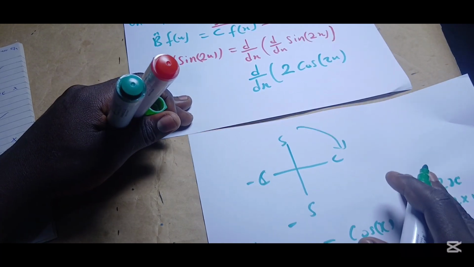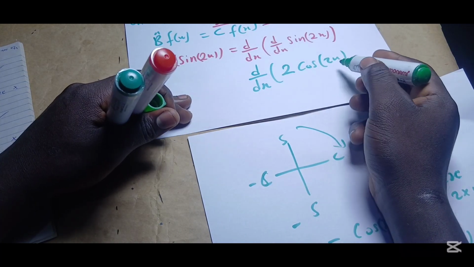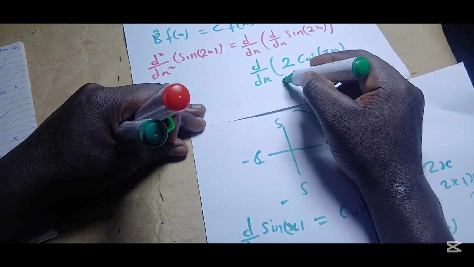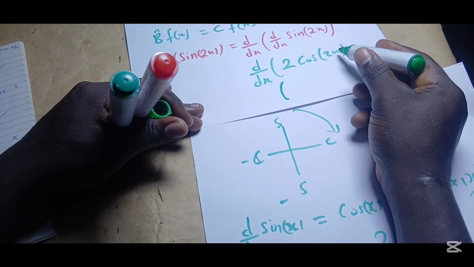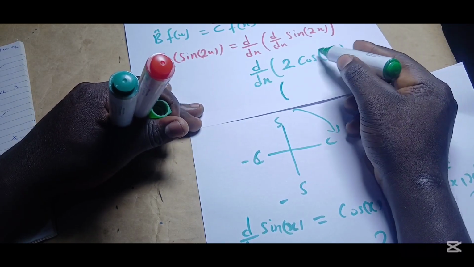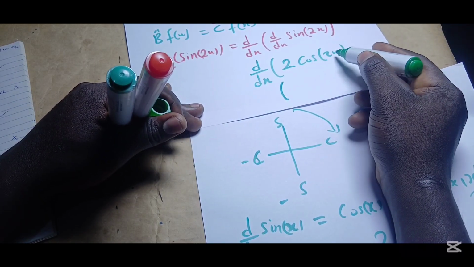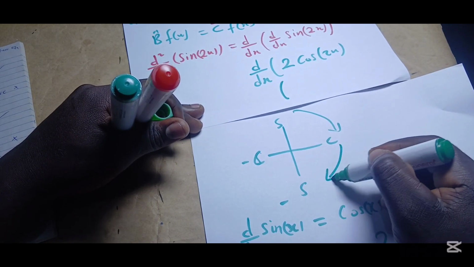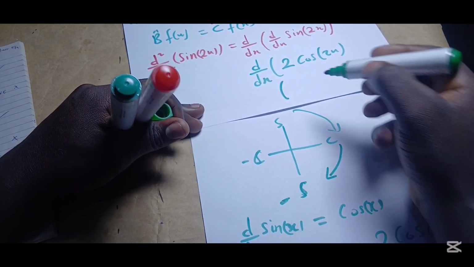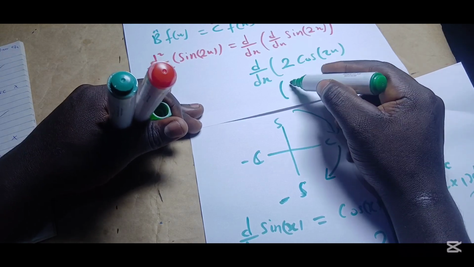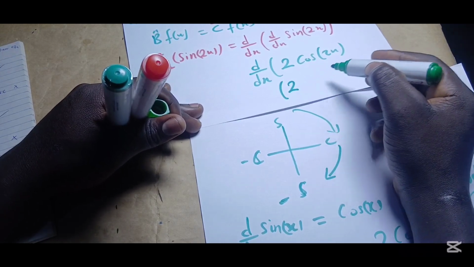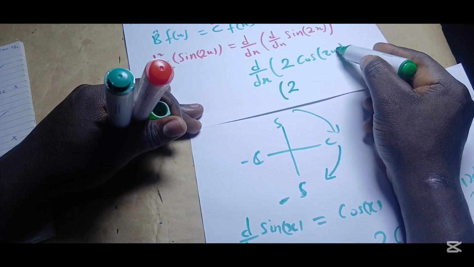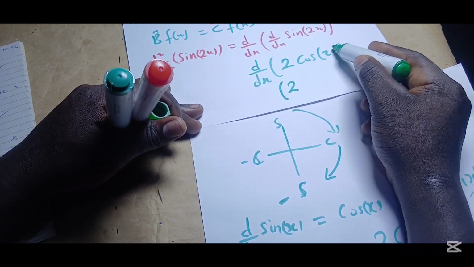Now we differentiate 2 cos 2x again. If we differentiate cos, we get negative sine. We write whatever is inside, but we also multiply the whole thing by the derivative of the inside.